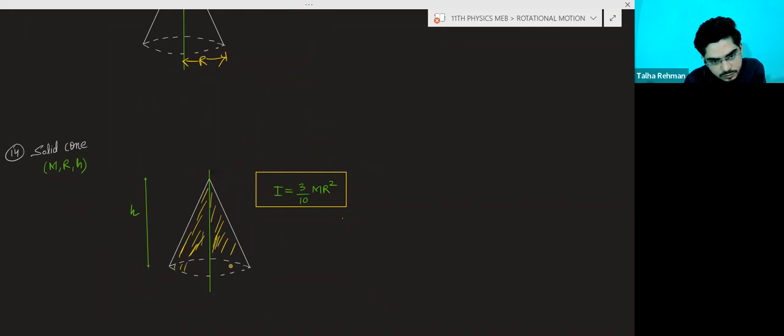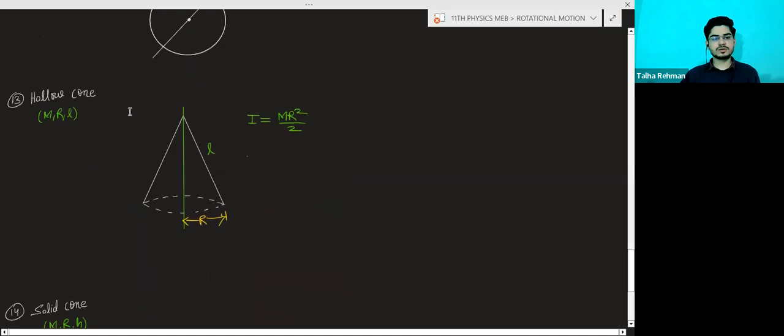Okay, so it will now become a solid cone. Now it becomes the solid cone and this is the hollow cone. For the hollow cone, the moment of inertia is M into R square by 2. So the moment of inertia does not depend upon the length L, the height.